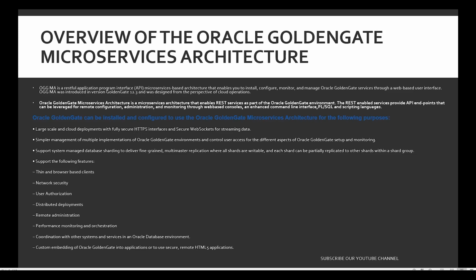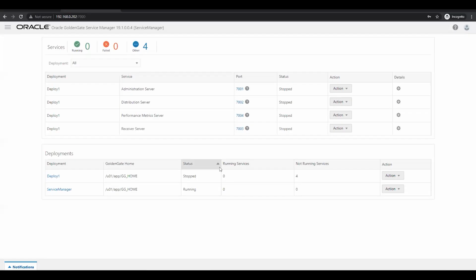Then distributed deployments. If you look at this interface, we have deployments already running. When you perform the GoldenGate microservices installation, you also need to perform the deployment, and we can mention any deployment name at the time of deployment.